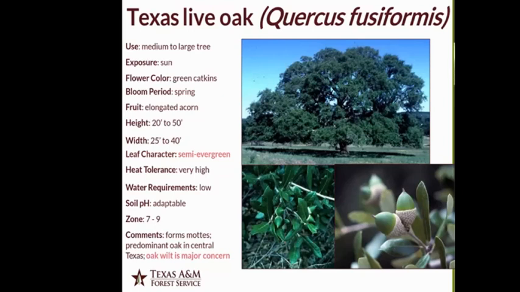And so I get a lot of calls around February, March, and April from people thinking they have oak wilt, but really the tree is just going through that leaf change. Oftentimes I won't even go out on site visits in that time frame, because we can't really tell anything until the new leaves fully emerge.